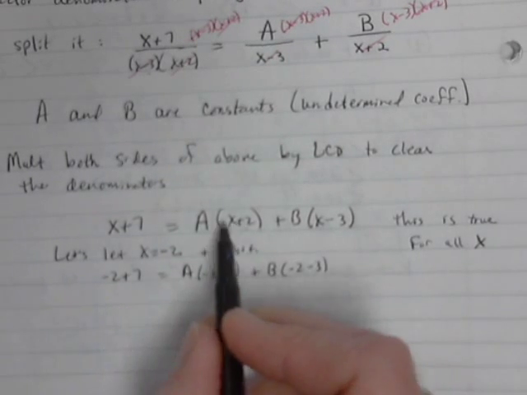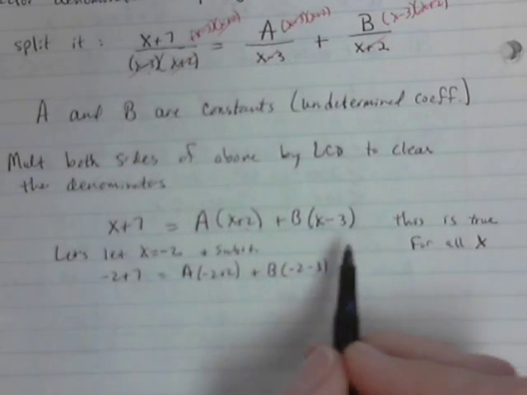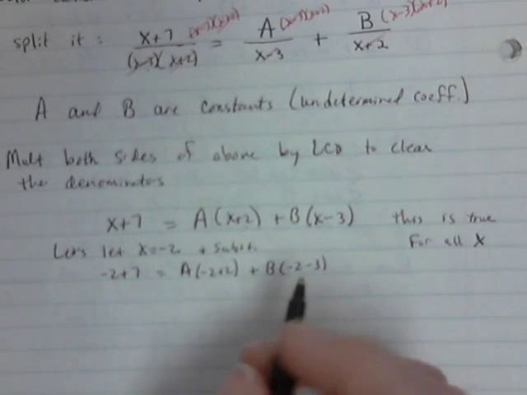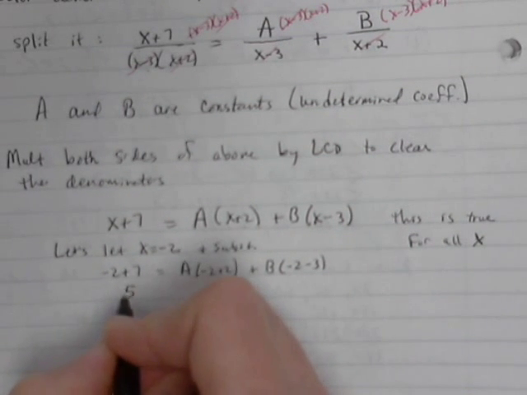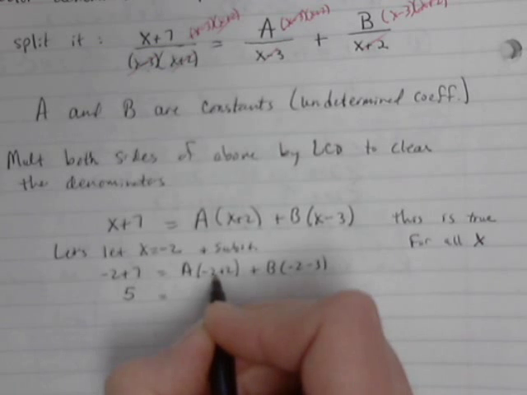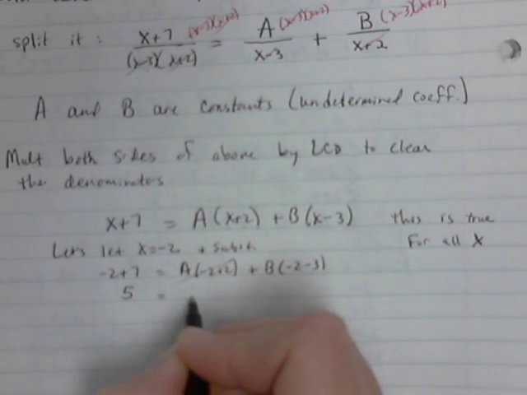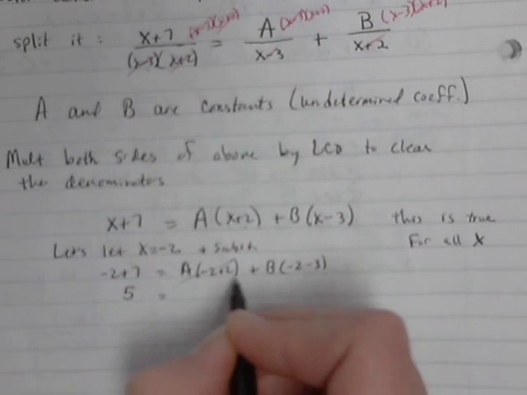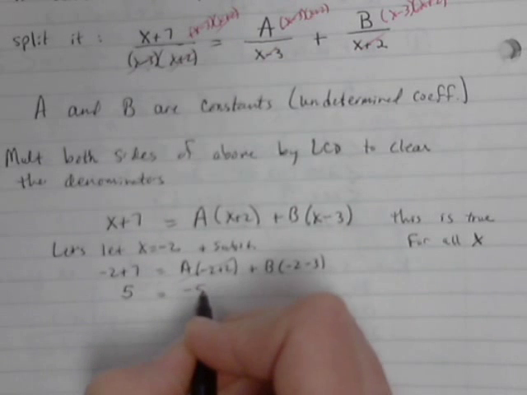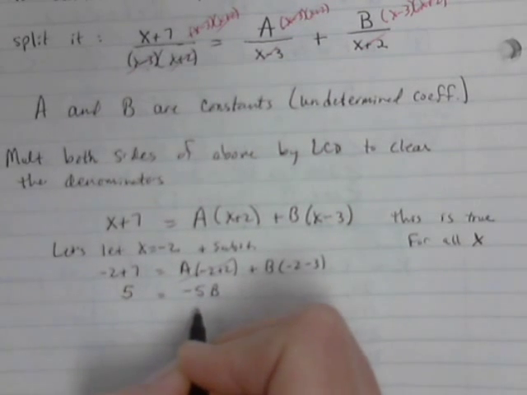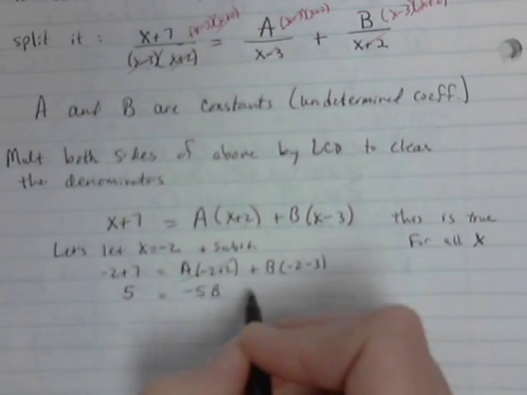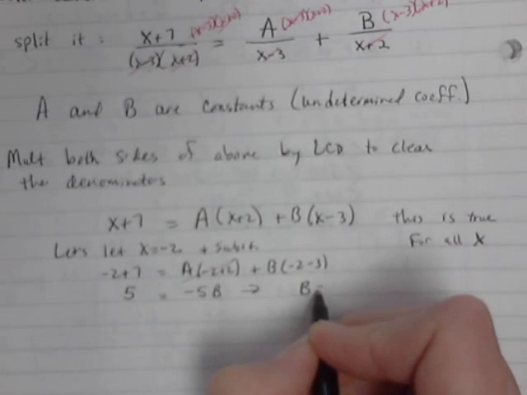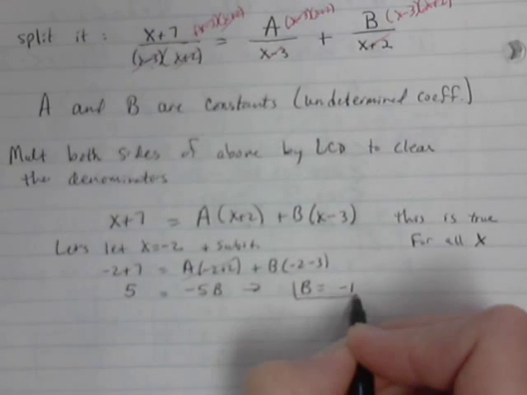I just substituted any value I wanted in for x. -2 will work very nicely because this will give us 5. This will give us 0 times a, which is 0. And then this will give us -5 times b. So if you divide both sides by -5, you get b is equal to -1.